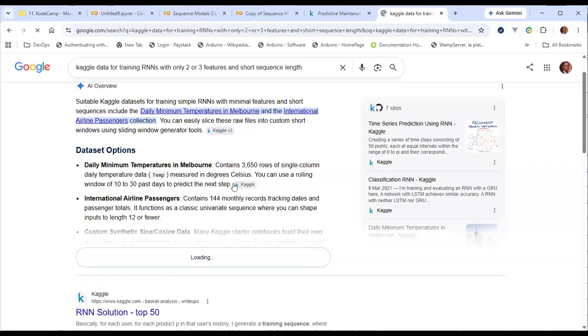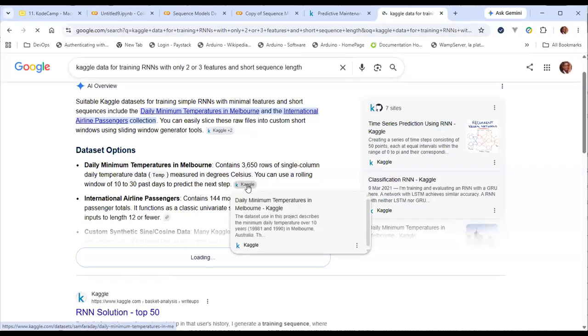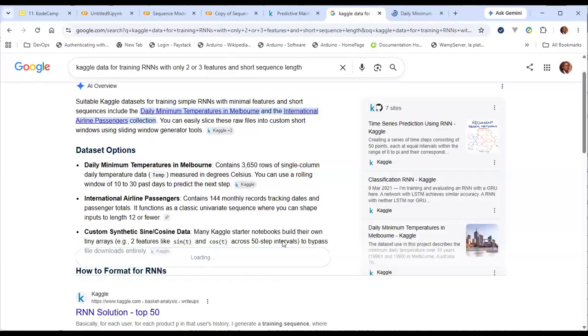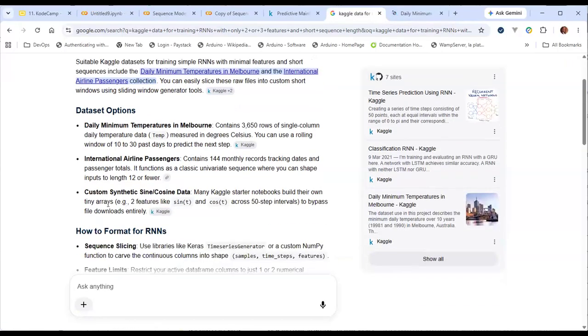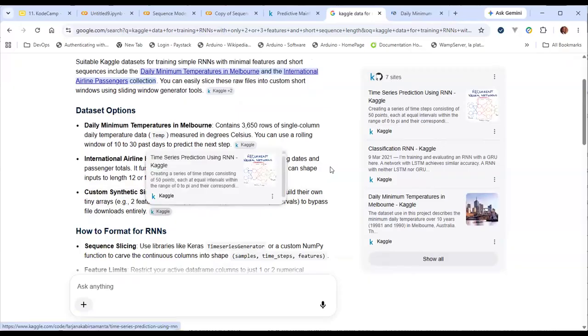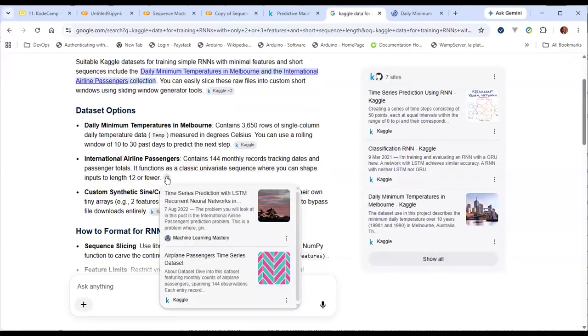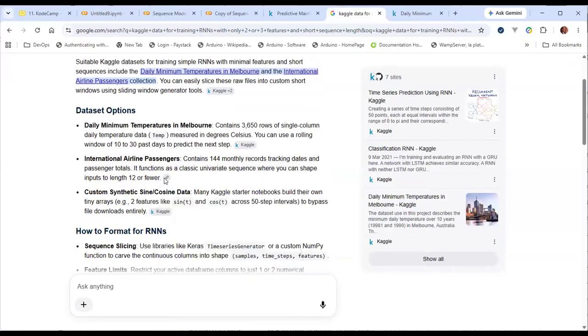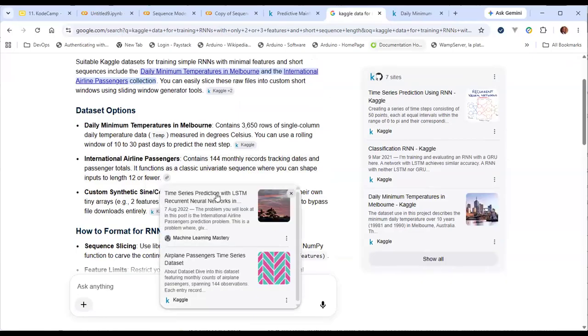Okay, so we have daily minimum temperatures in Melbourne. We have international airline passengers. There's custom synthetic sine cosine data, what I was running away from. But let's see if any of them we can use.